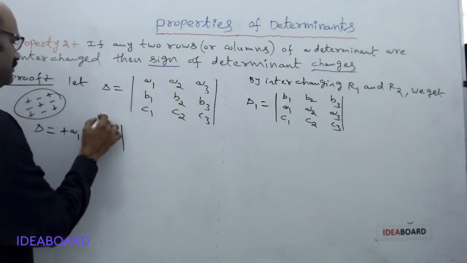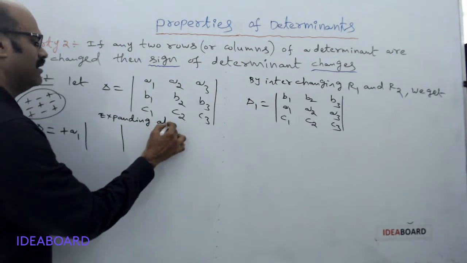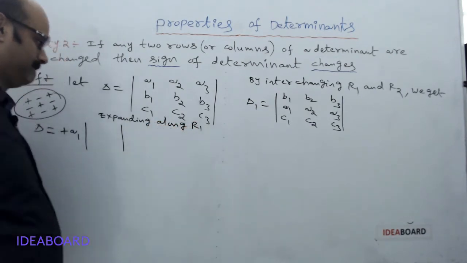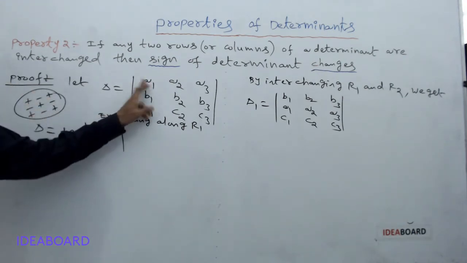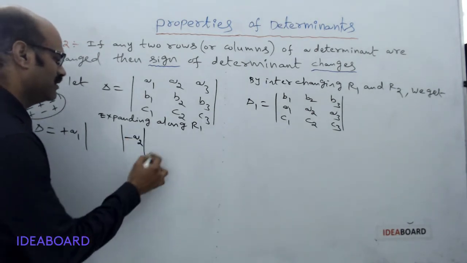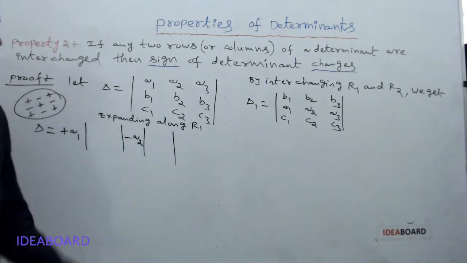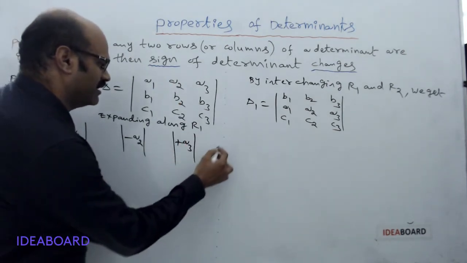Here the signs are plus, minus, plus. So first we take plus A1, next minus A2 into the minor of A2, now plus A3 into the minor of A3.